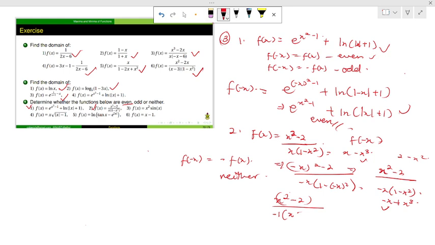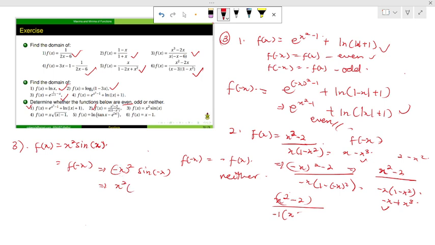Now let's see question 3. f of x is equal to x squared sine x. So we put f of negative x, and that will give us negative x all squared sine negative x. x squared becomes x squared because negative squared, yeah.